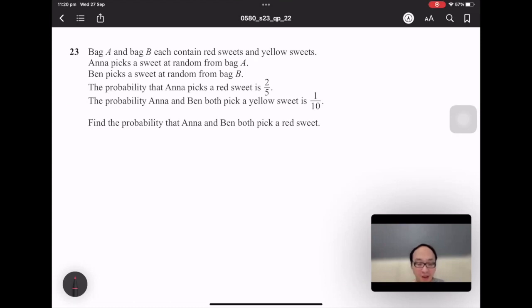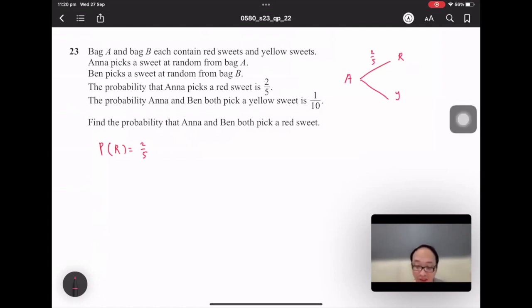So we don't have the number of sweets in each bag. But the probability of Anna getting red is 2 over 5. That means if we draw the tree diagram for Anna, to get red, 2 over 5.